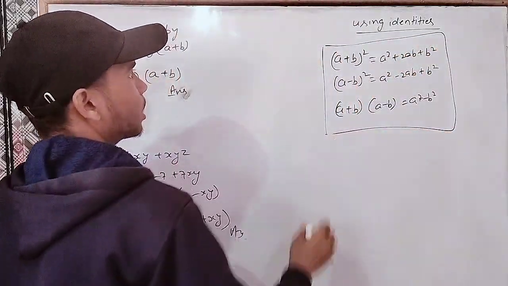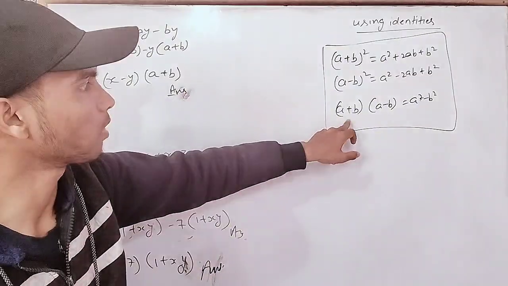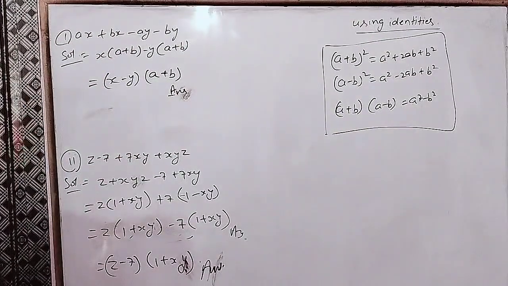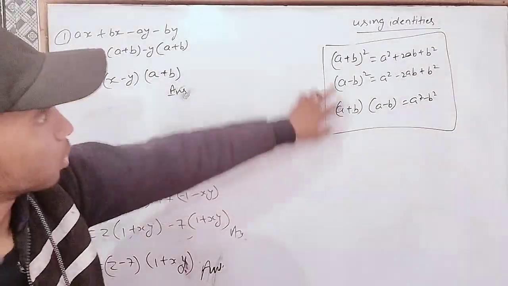These are identities. Just have a look at this, and this will come in our tuition and in our next standard. This will help. Okay, and these two already you know.